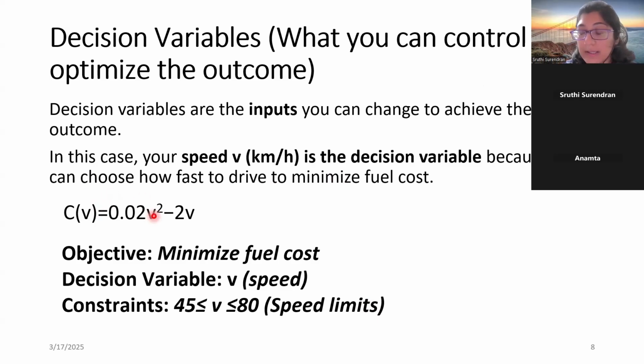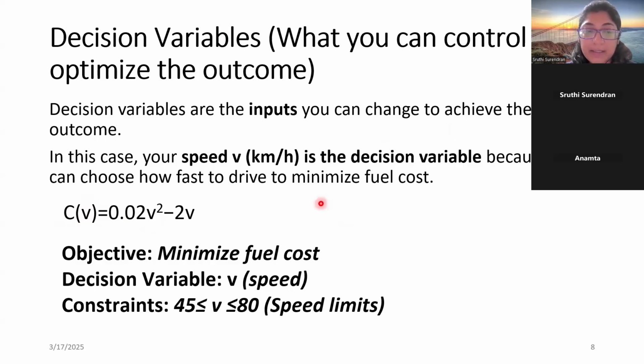So it is the velocity or the speed of the vehicle that is affecting the function over here. If you increase the speed, this value of c is going to change. If you decrease the speed, the value of c is going to change. So what variable is the function dependent on? That is called the decision variable. So decision variables are the inputs you can change to achieve the best outcome.